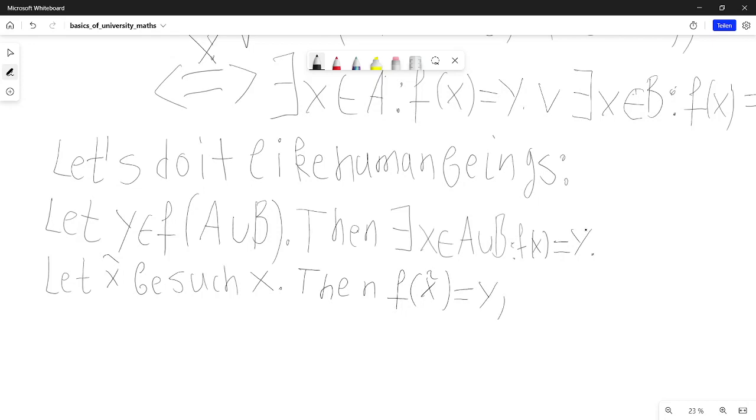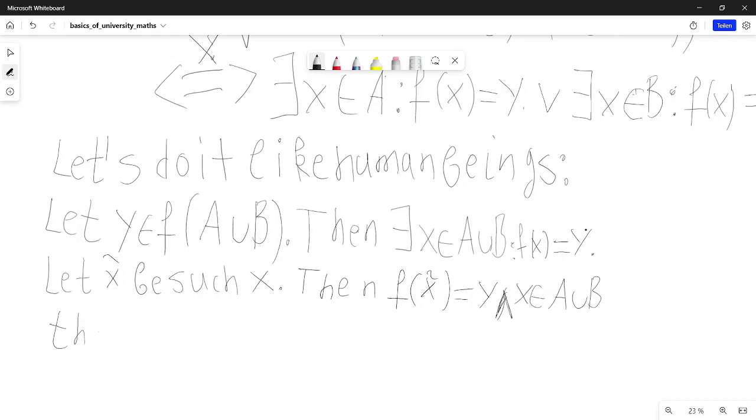y and simultaneously x. Oh, let's write it in proper language of logical statements, right? We have just chosen this x like that. That is just using the distributive law.